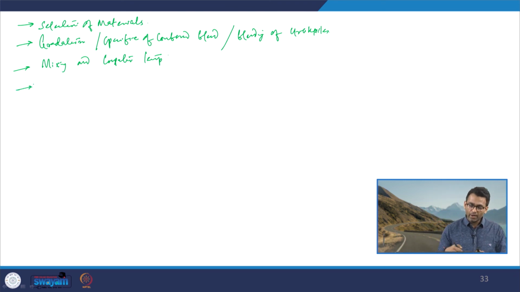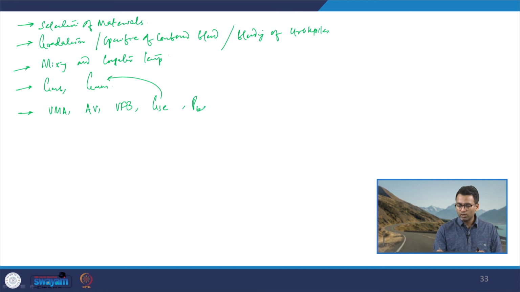Once the mix is compacted, then we evaluate the volumetric parameters. In this direction we have discussed that you have to find out the value of GMB, you have to find out the value of GMM in the laboratory, and then we have discussed various volumetric parameters like VMA, air void, VFB, how to calculate GSE and how GSE is related to GMM.